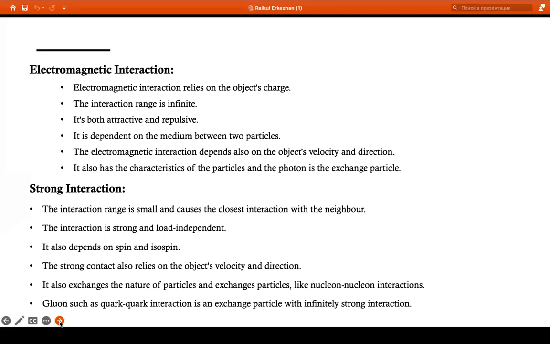It also exchanges particles, as in the nuclear interaction, and the interaction is strong and short range.